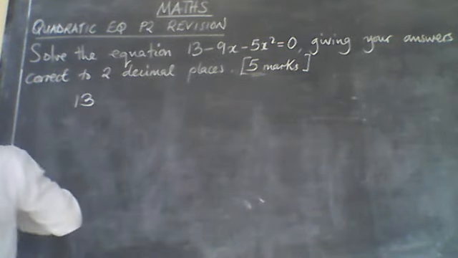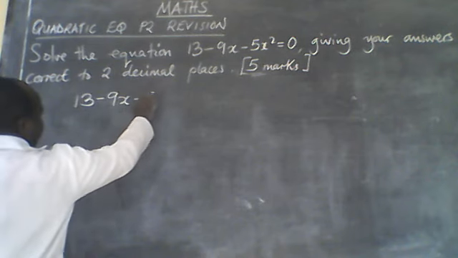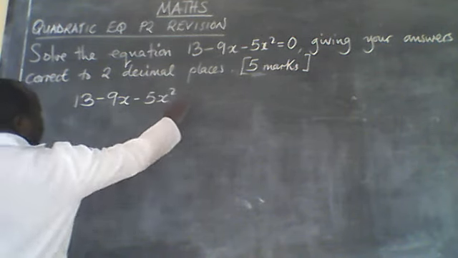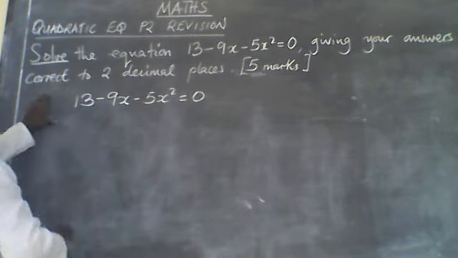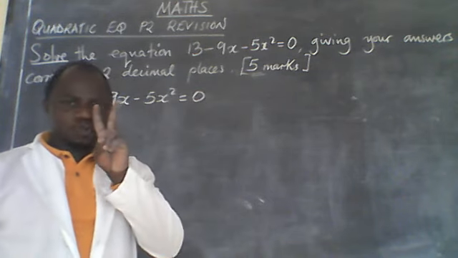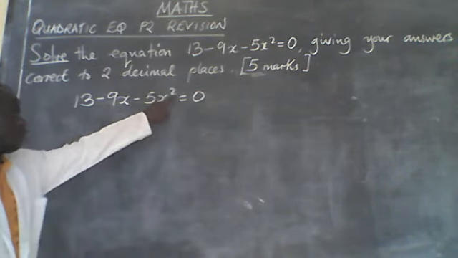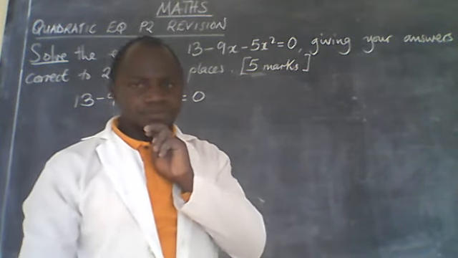So let's say we have 13 minus 9x minus 5x squared is equal to 0. We are told to solve. In this quadratic, I'm expecting 2 answers, as it is raised to the power 2. Therefore, you should have 2 answers.